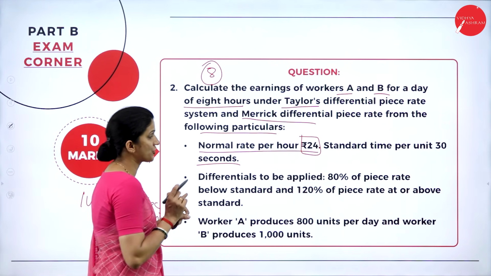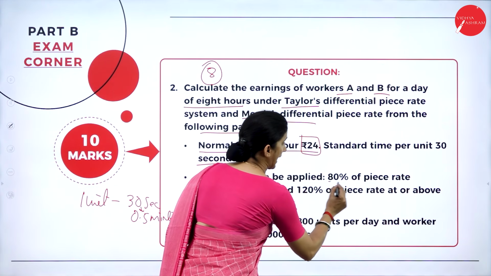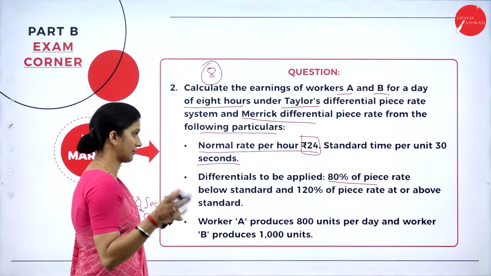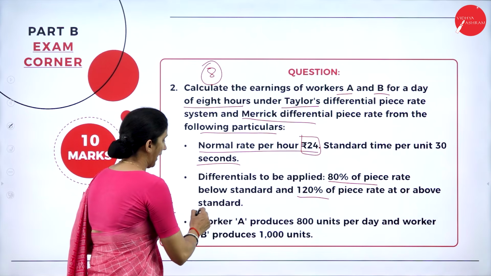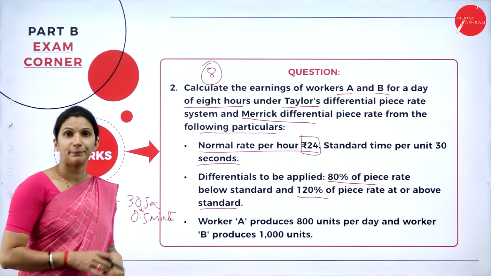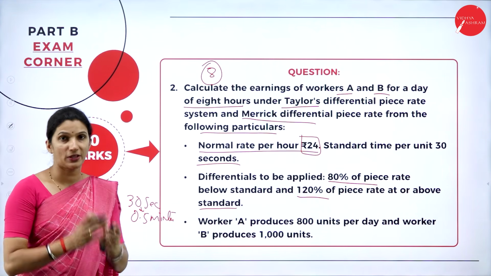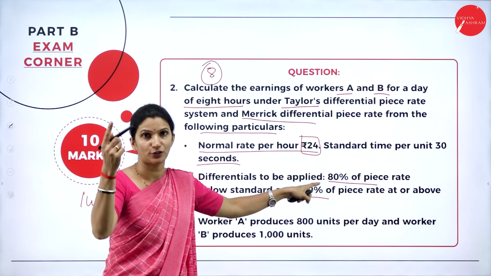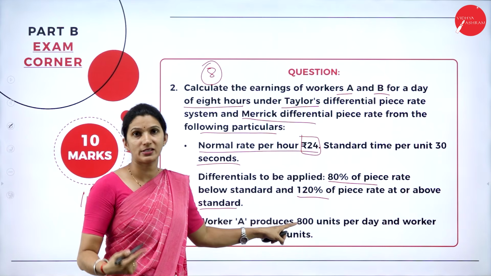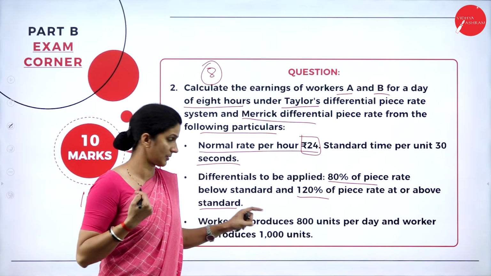Next, the differentials to be applied are 80% of piece rate below the standard and 120% of piece rate above the standard. So when we apply Taylor's method, the differential rate has to be applied here: 80% for the low piece rate and 120% for the high piece rate.